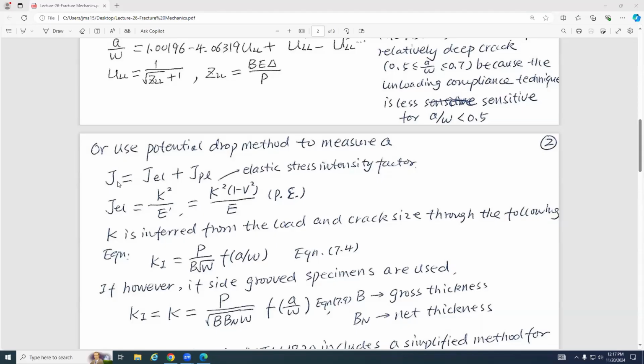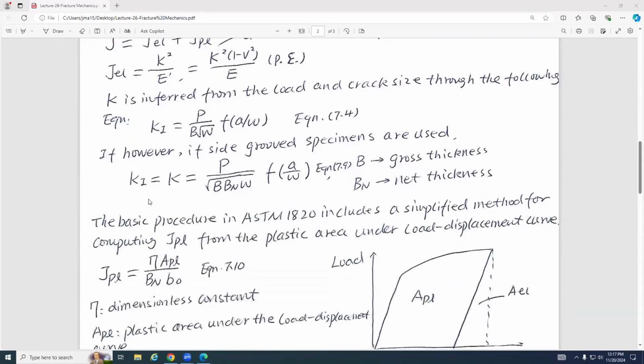So I want you guys to look at the lecture notes to know the benefits we get if we use the side grooves on this specimen. So this is the equation, okay? Some students might ask, where can I get this F function? You just go to the textbook, and go to the table, and you will have the F function.